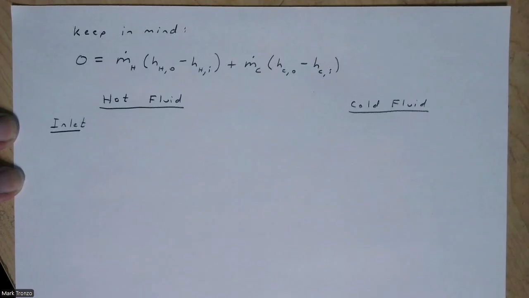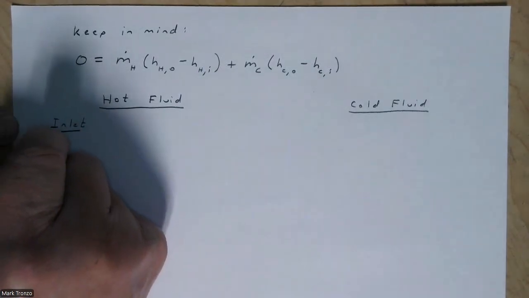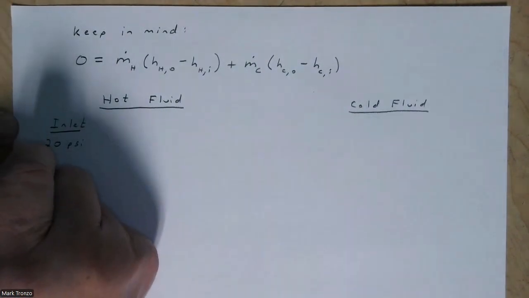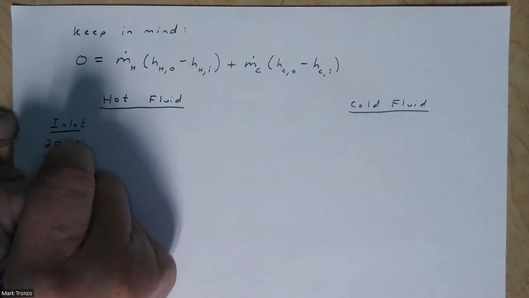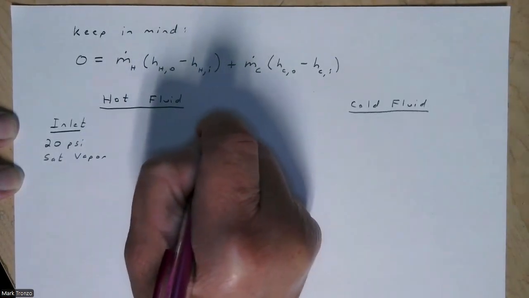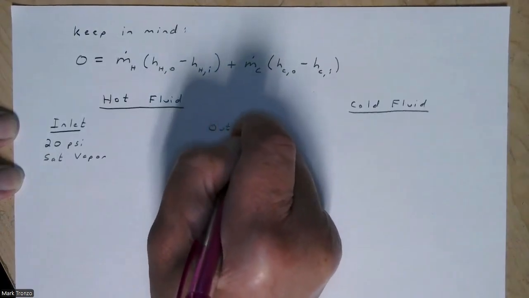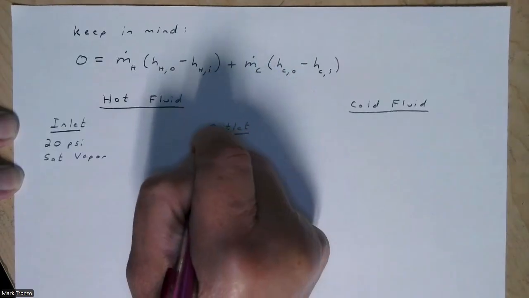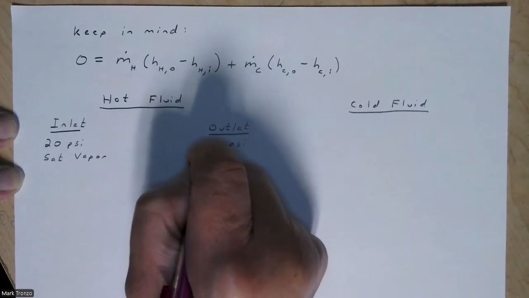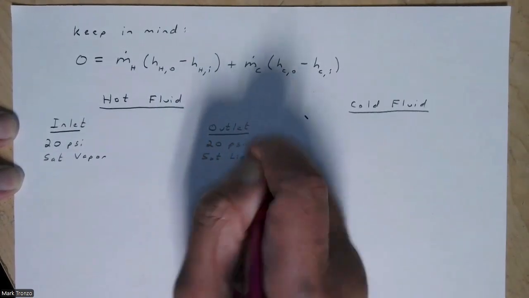So for the inlet, it's coming in at 20 psi, and it's a saturated vapor. And then we have an outlet, so it's also going to be 20 psi, and it's saturated liquid.